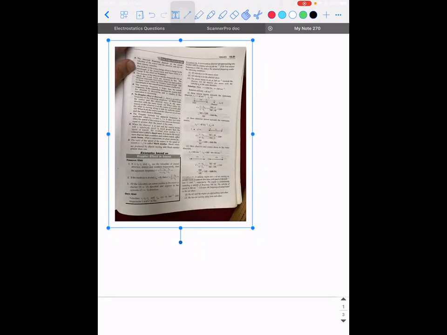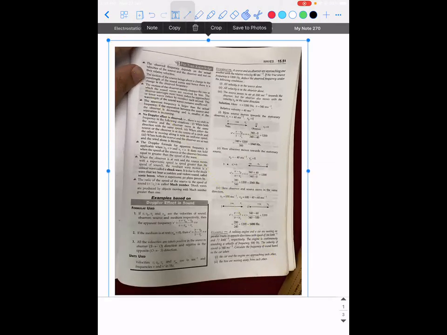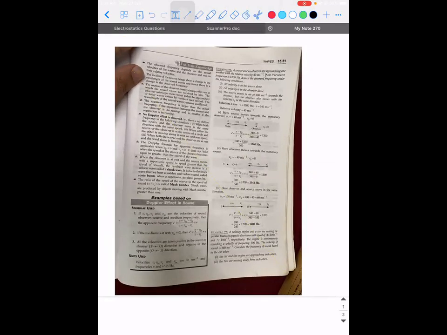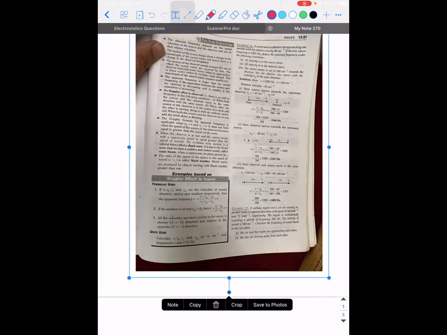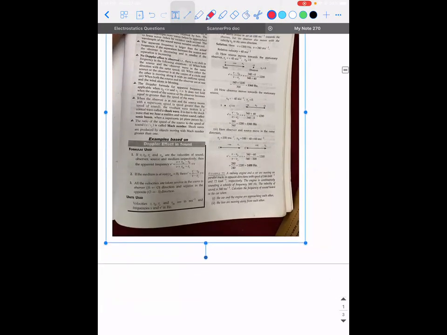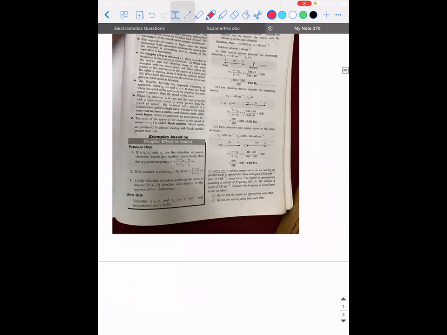So the last topic that is left out in waves is the Doppler effect, right? So we will see that part and then we'll move on to electrostatics. We'll do one or two problems based on the Doppler effect, then we'll move on to the next chapter. I'm sure everybody will have heard the word Doppler effect, right? Can someone tell me what it means?